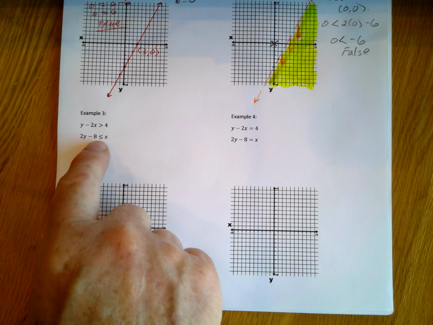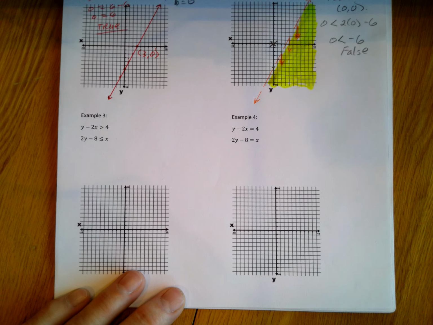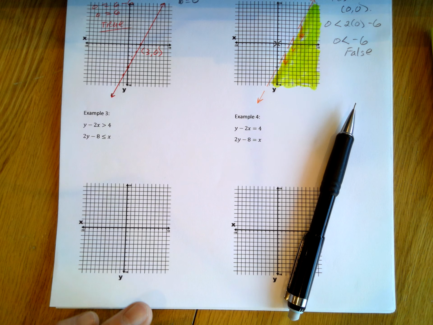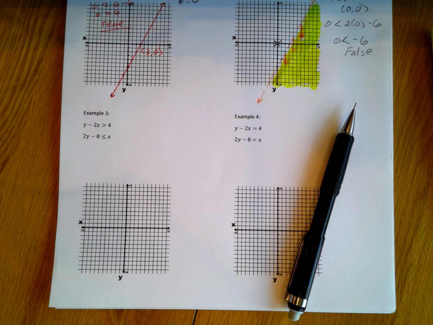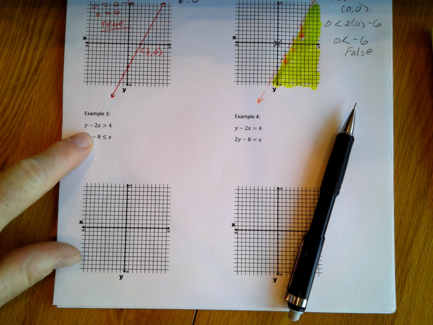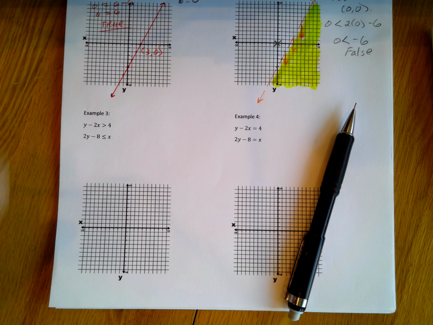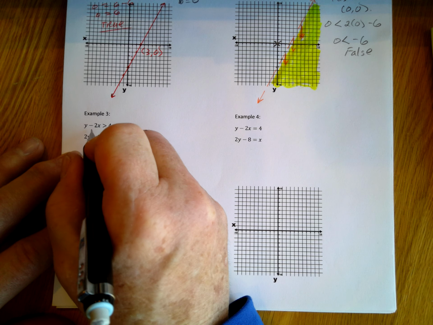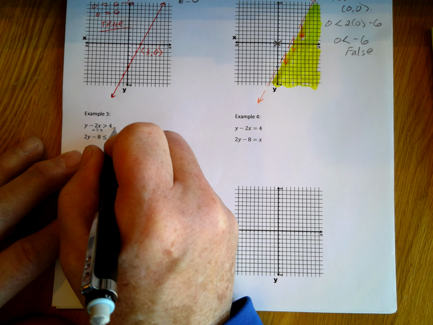Now, let's do this one. So notice everything's not nice and clean like it was in our notes for yesterday, meaning that they're not all y's less than or greater than. We got to do some work. So here's what I'm going to do. I'm going to add 2x, and I'm going to add 2x.